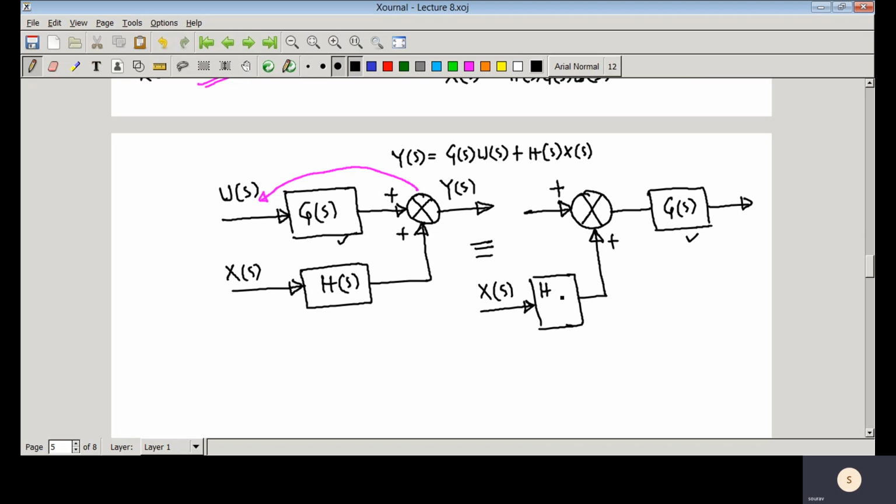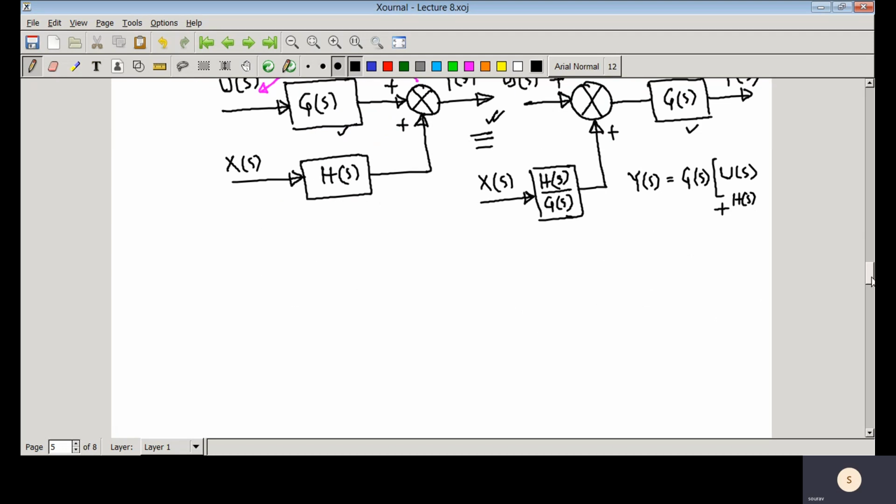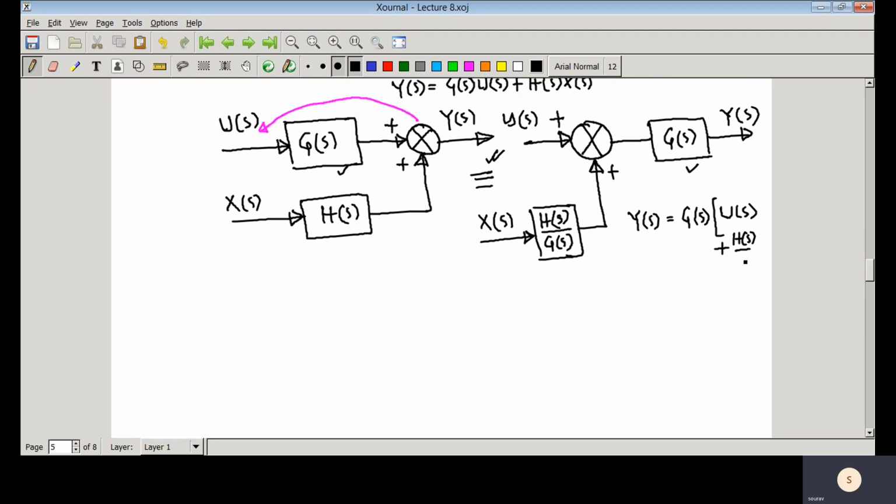Now if we put Hs by Gs, let us see whether they are equivalent or not, because in this case your output Ys equals Gs into, so here you have that Us, that is Us plus Hs by Gs into Xs.